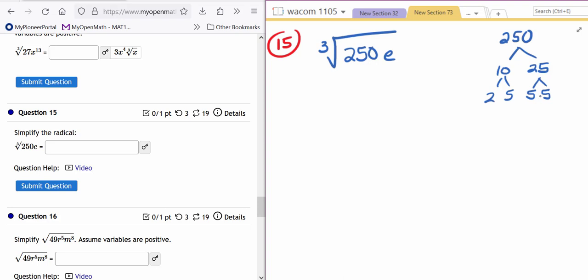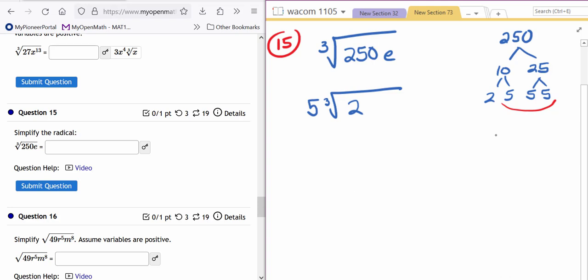All right, and then we were looking for groups of 3. And so we have a group of 3 right here. So one 5 goes outside. The 2 will stay inside. So we have a 5 going outside of the cube root. The 2 will stay inside.